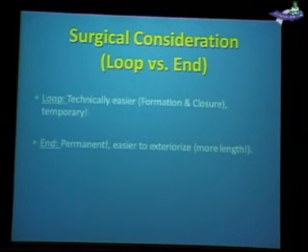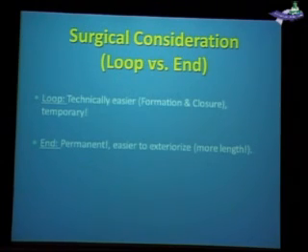A great example is a transverse colostomy: you can make a small, tiny transverse incision in the upper abdomen and get the transverse colon out that way. So the formation and closure is easy, but sometimes pulling the stoma out in an obese patient may be a problem.